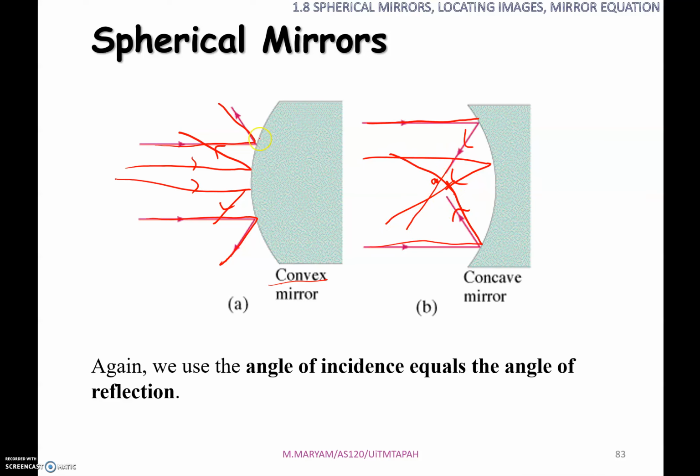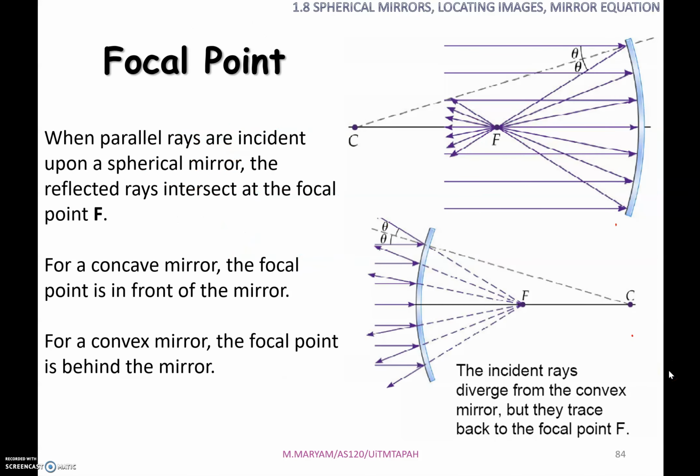Whereas for a convex mirror, the light will be converged here. So this is the focal length of a convex mirror, whereas this is the focal length of a concave mirror. Let's look at a much clearer example here. Like I've mentioned before, for a concave mirror, the focal length is at the front of the mirror, whereas for a convex mirror, the focal length is at the back of the mirror.